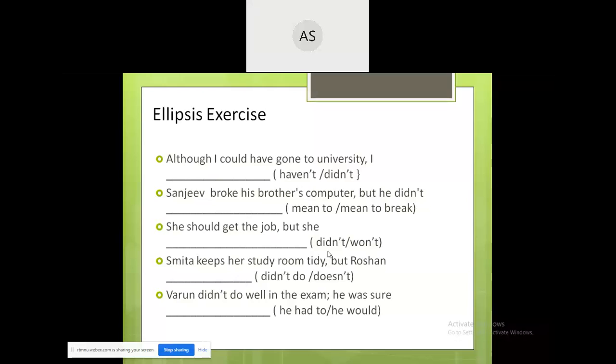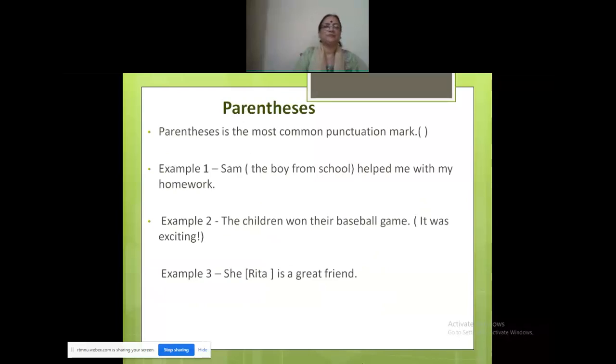Roshan doesn't. And he was sure he would. He would. Very good. Varun didn't do well in the exams. He was sure he would.